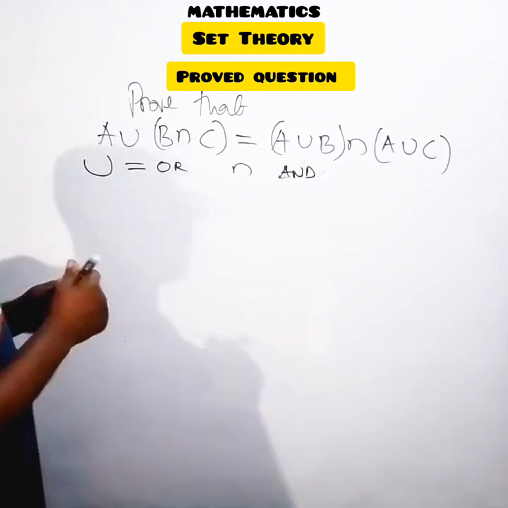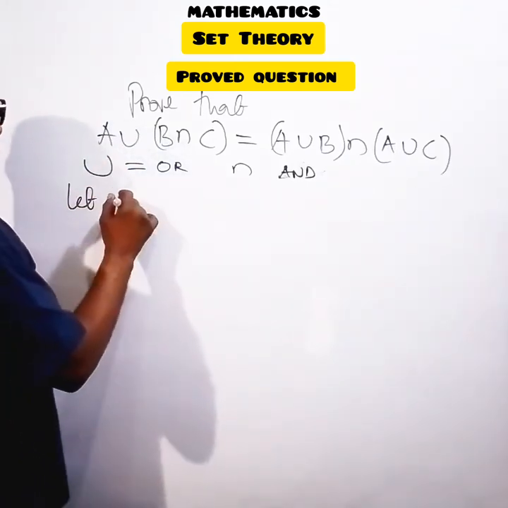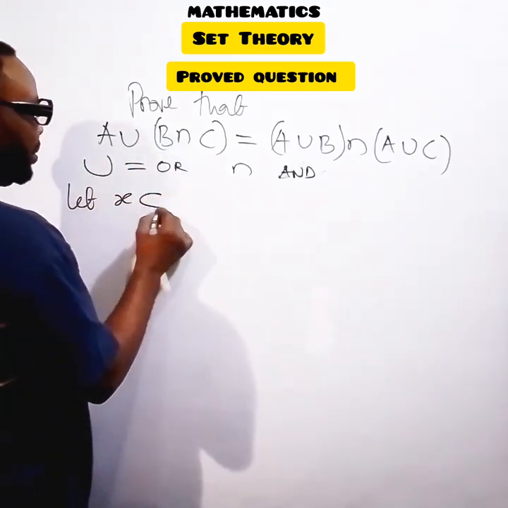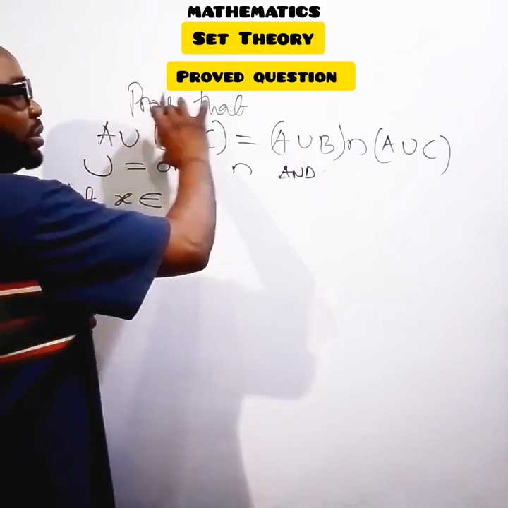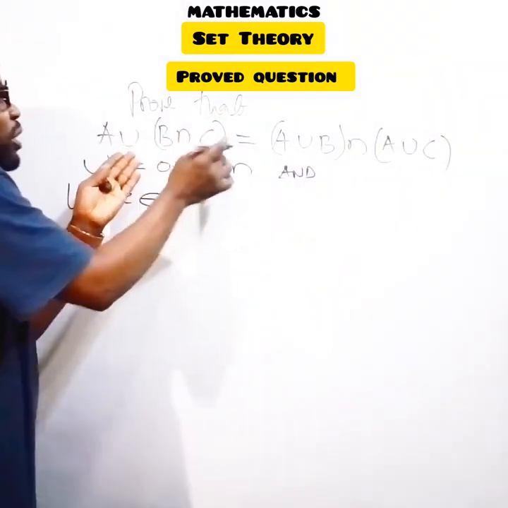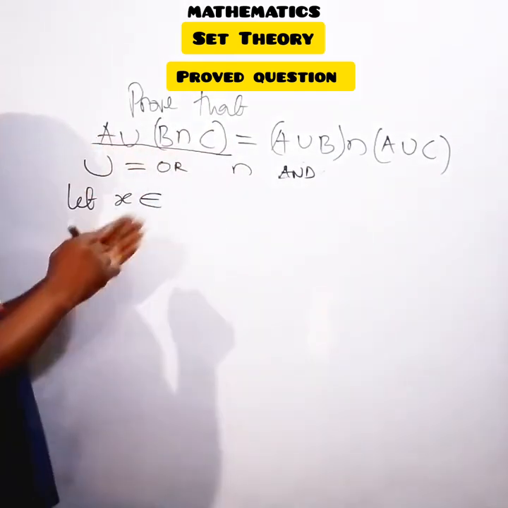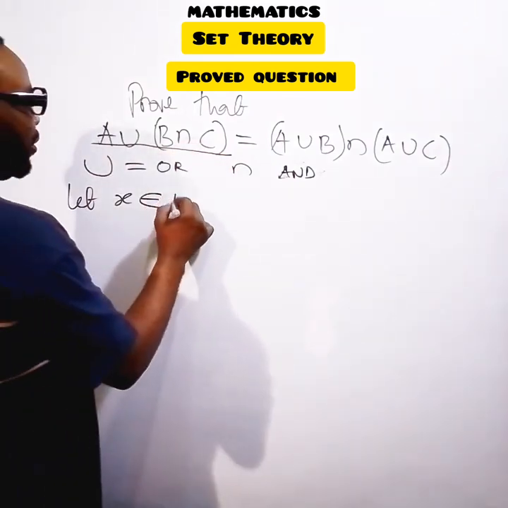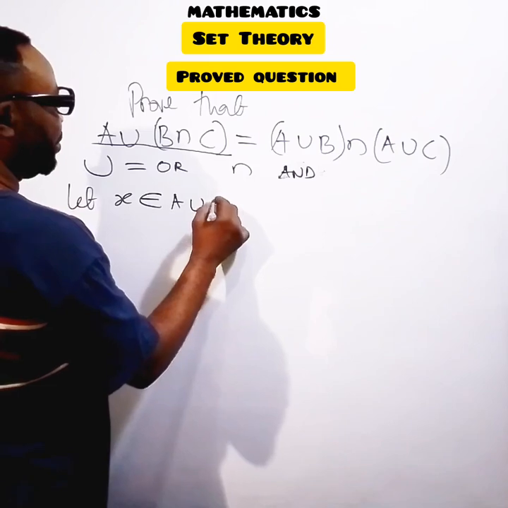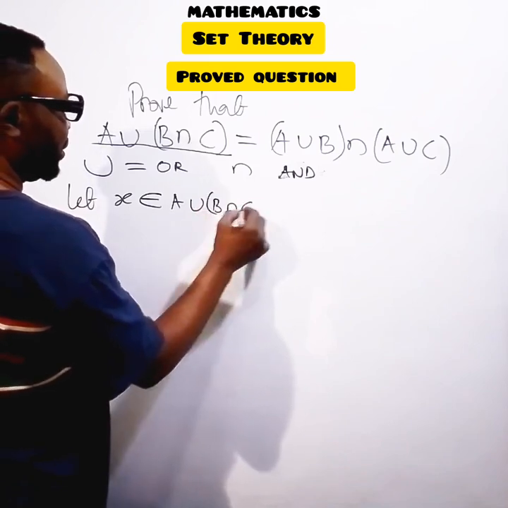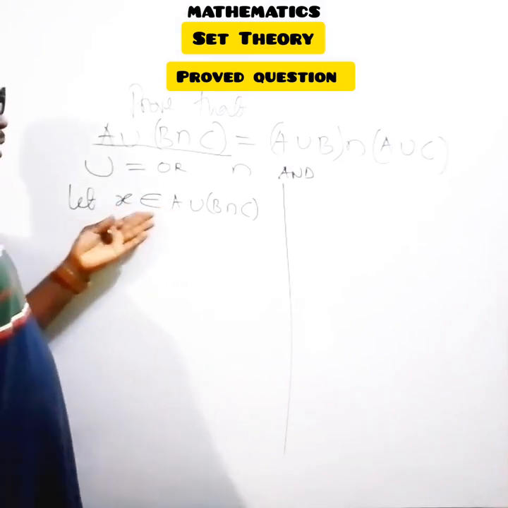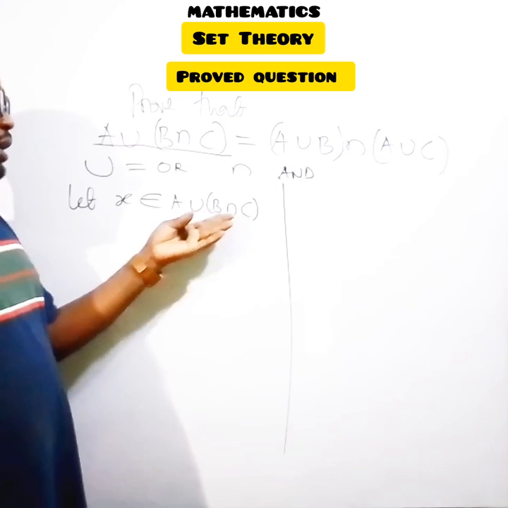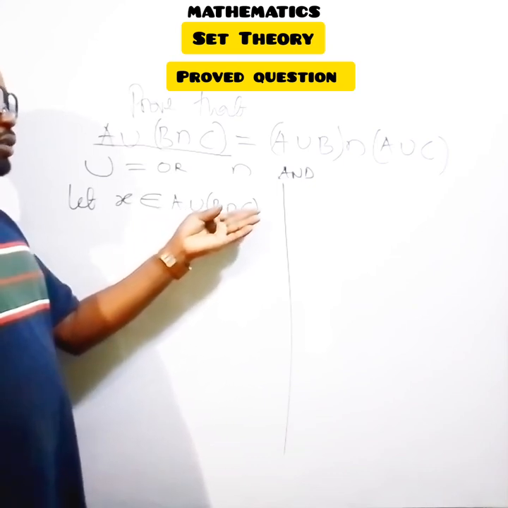So let x be a member of the set given in the question. We are going to take the left-hand part first: let x be a member of A union (B intersection C). I want to divide the part.